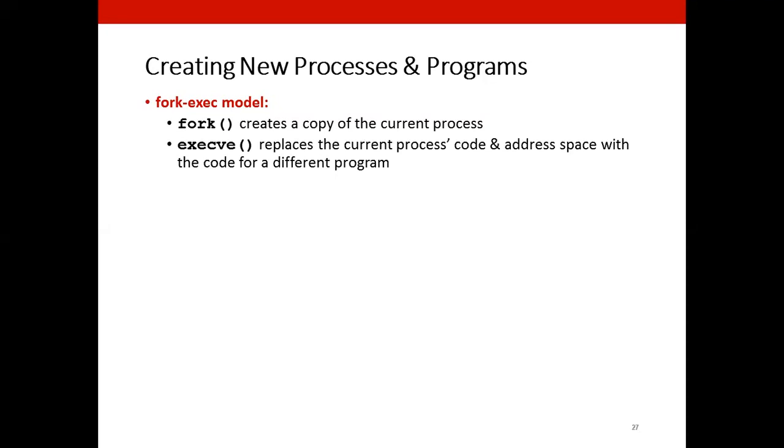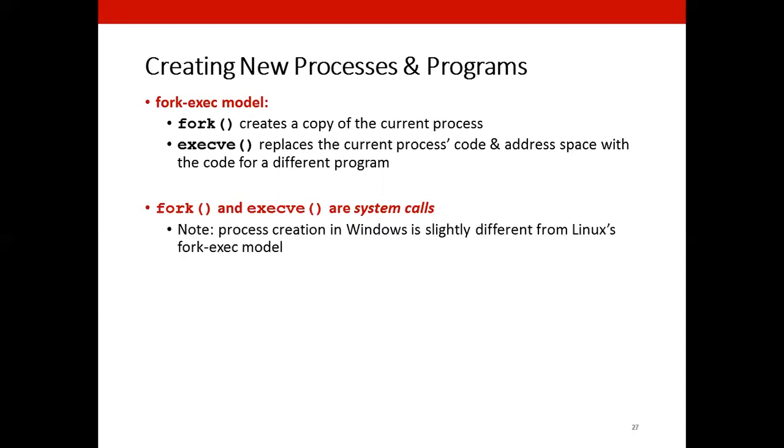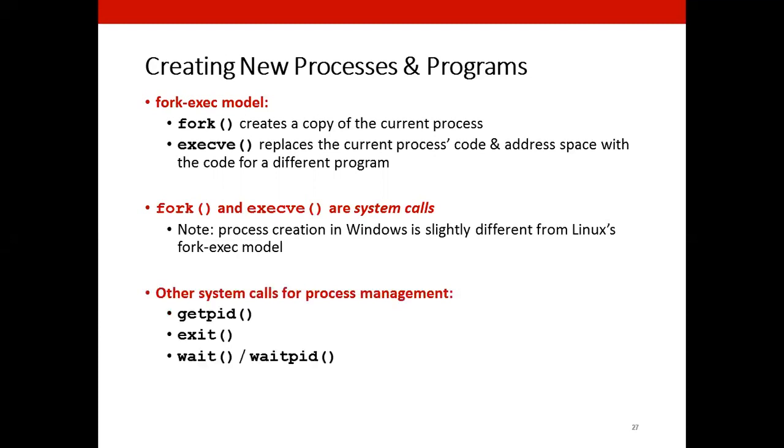Note that this is the Linux model of managing processes. Windows is slightly different, but the concepts are essentially the same. Other system calls for process management include getpid, exit, wait, and waitpid, that we will see shortly.